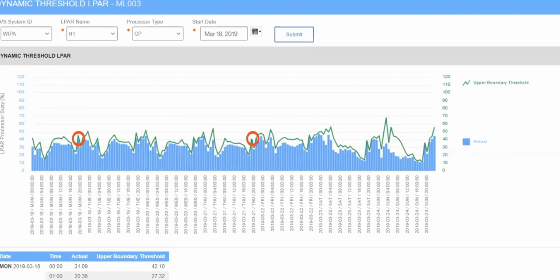So the couple of red circles here are where the calculated expected performance plus the upper bound threshold has been exceeded by an observed workload on that system.